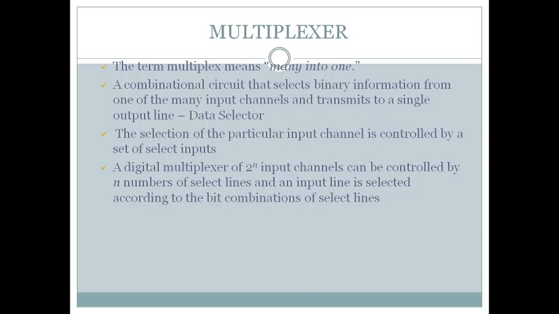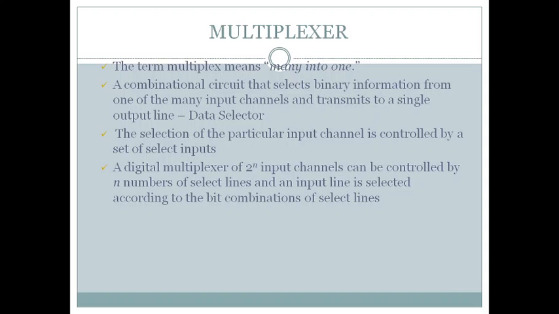You will have select inputs in particular, which will take care of the selection of a particular channel. After selecting a particular channel, the data on that channel will be placed on the output line. If you want to switch over to a different channel, you have to change the select inputs.